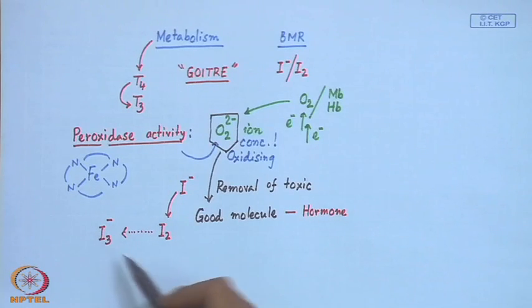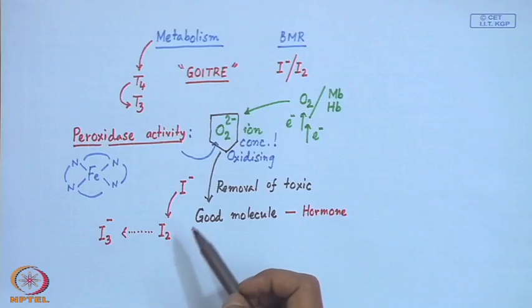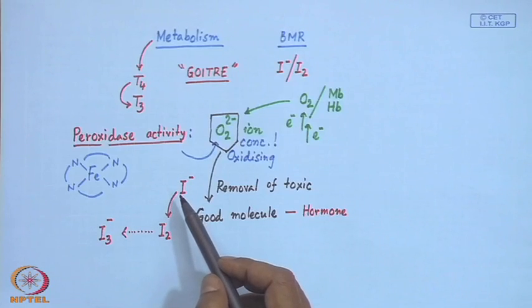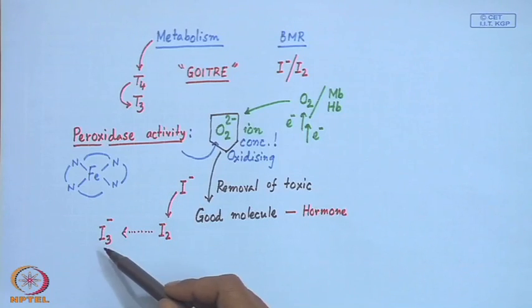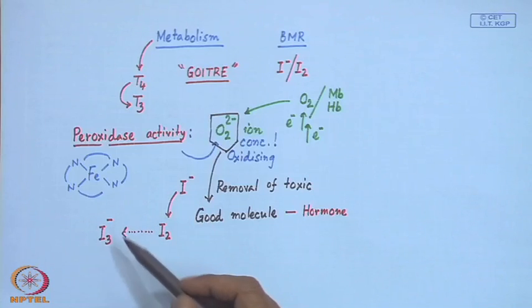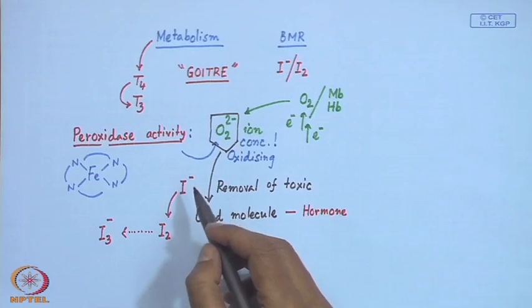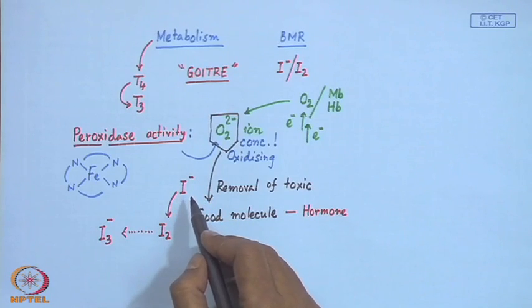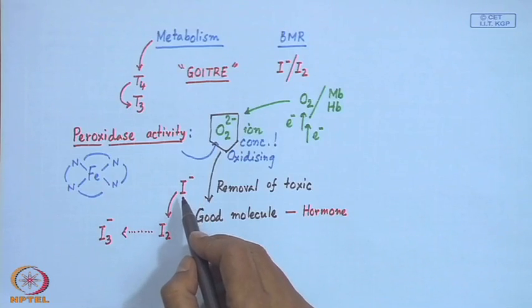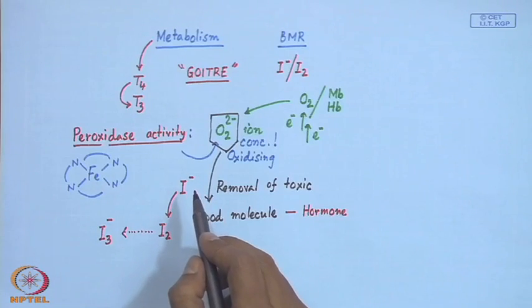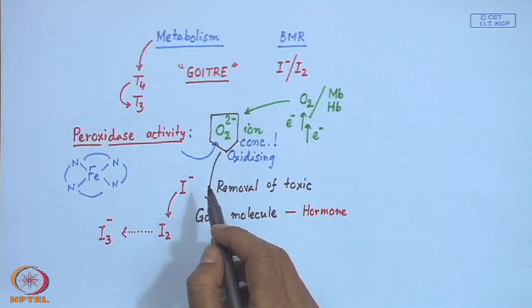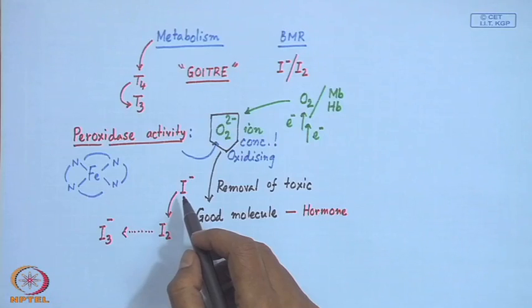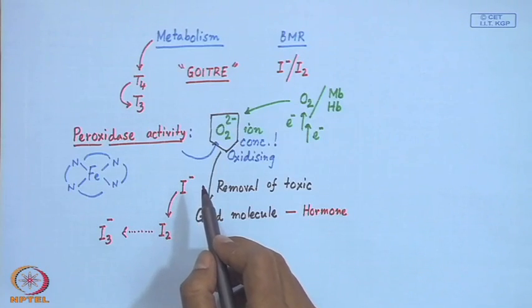So, all these things will be in equilibrium concentrations, with relative ratios of iodide, iodine and triiodide depending upon the individual concentration of all these species, and on the starting iodide concentration in the medium, that is, how much iodide we are getting through food material or through the salt intake along with our sodium chloride.